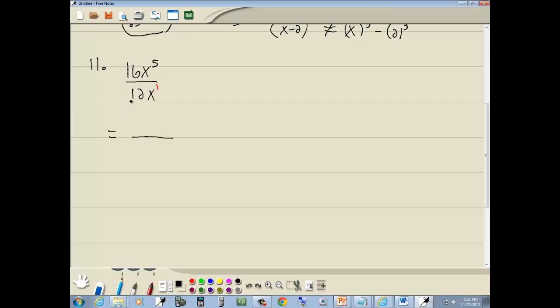Well, 4 does. 16 divided by 4 is 4. 12 divided by 4 is 3. Now, when you have x to a power over x to a power, you're going to subtract the smaller exponent from the larger one. So 5 minus 1 gives us 4. And we're going to have x to the 4th power where our larger exponent was, which was up on top. And that's our answer.